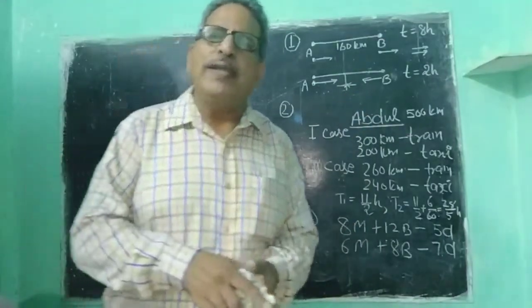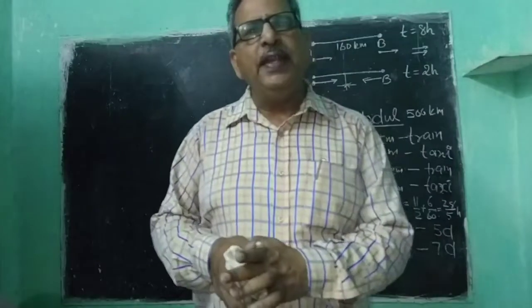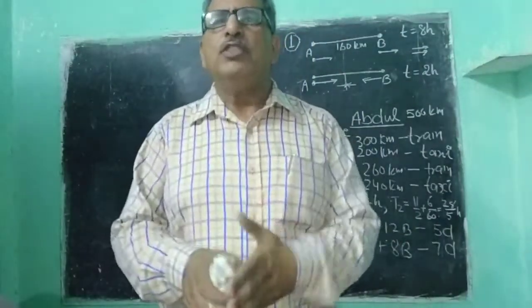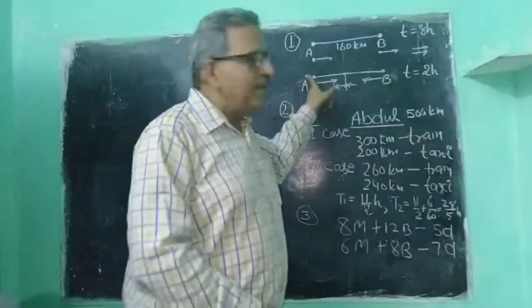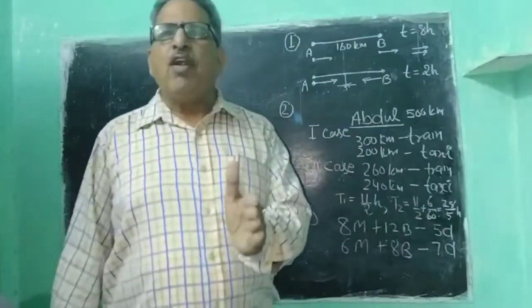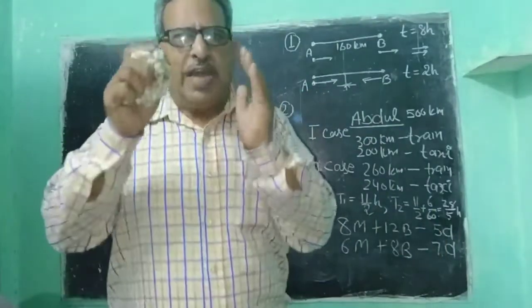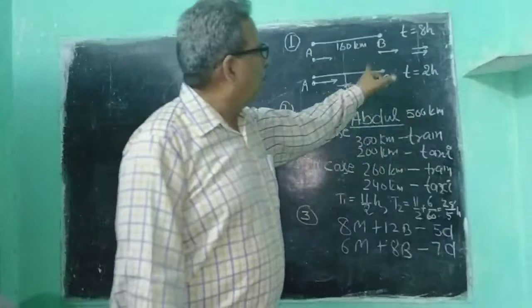We have to find the speed of the car which starts from A, and the speed of the other car that starts from B.